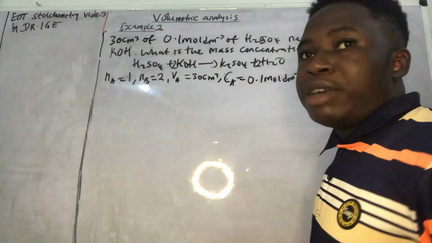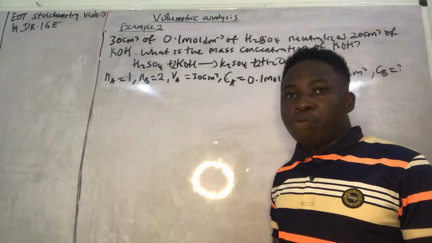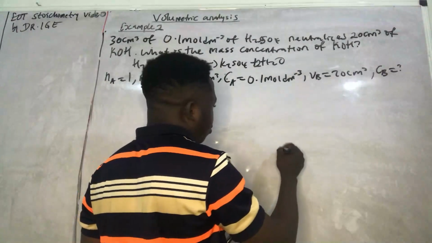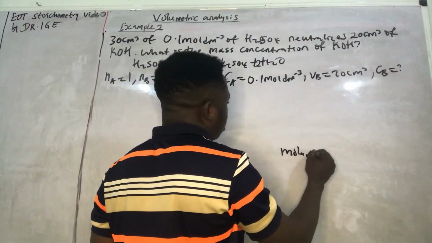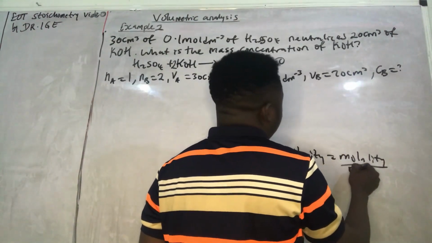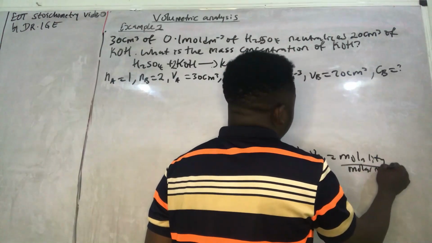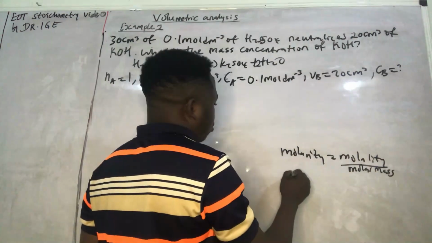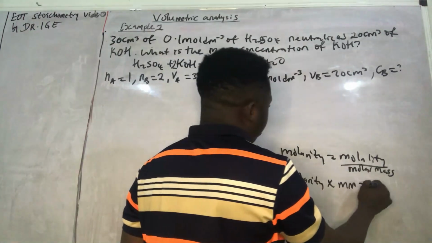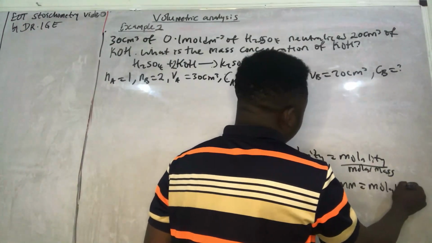They should look for mass concentration. Remember that mass concentration is also known as molality. And remember that I gave a relationship that molarity is equal to mass concentration over molar mass. That is to say, molarity times molar mass will give us the mass concentration they are asking for.